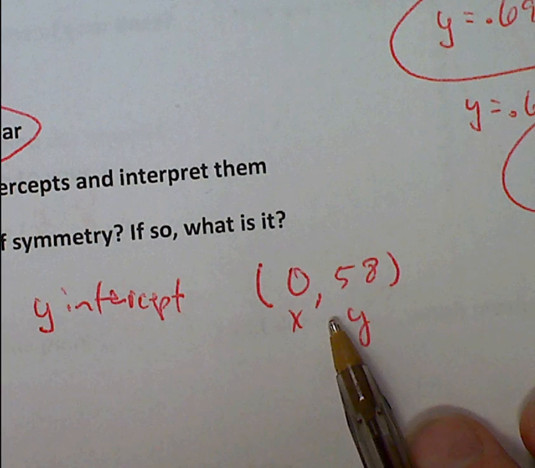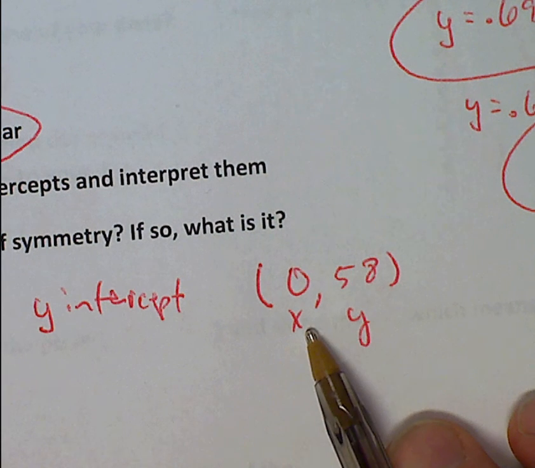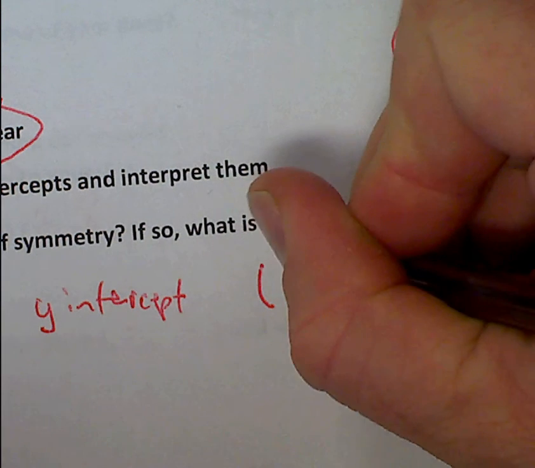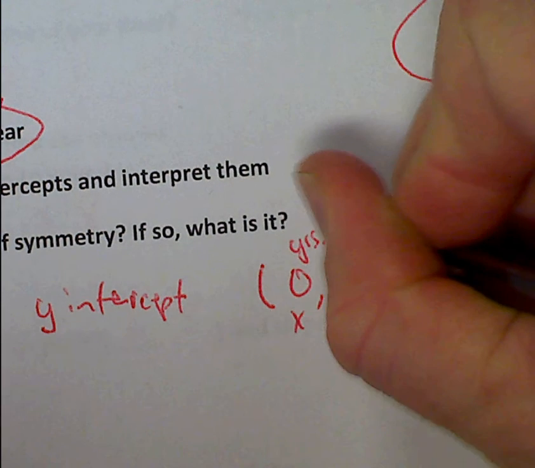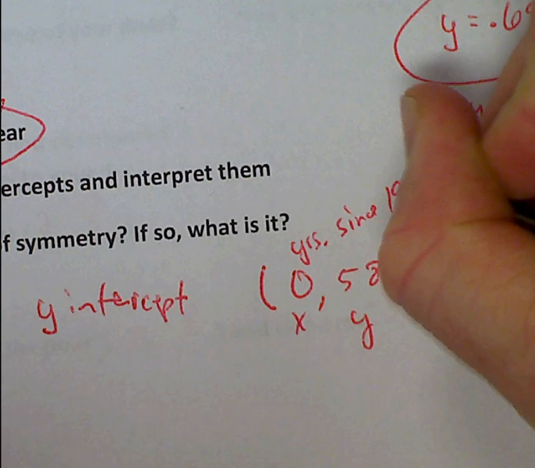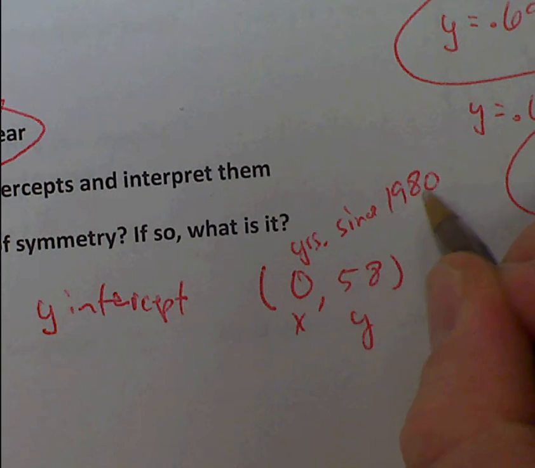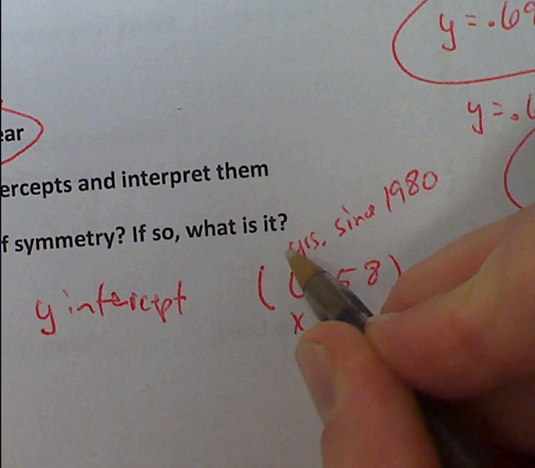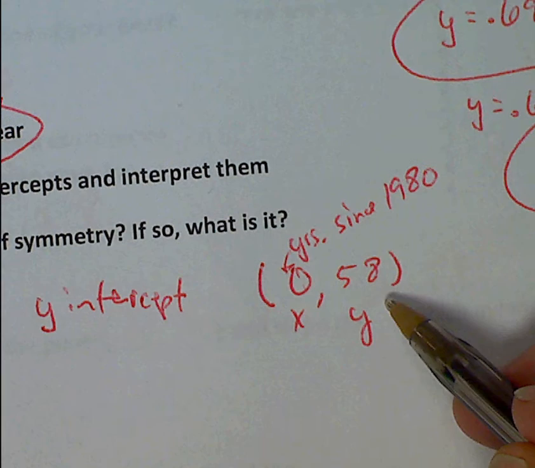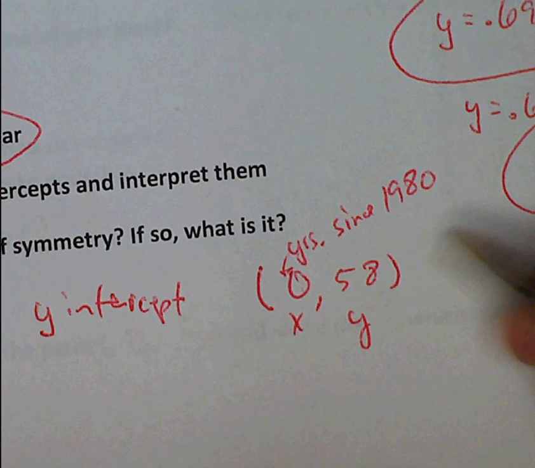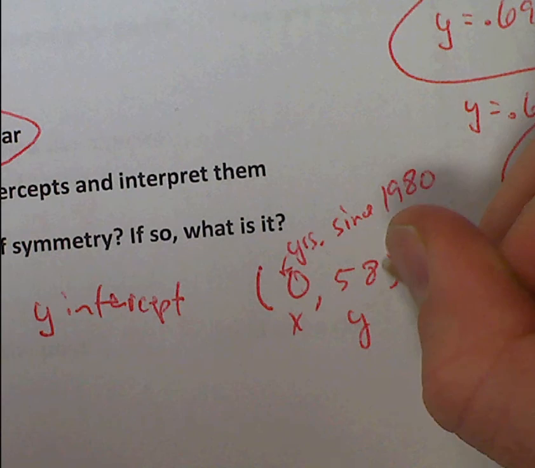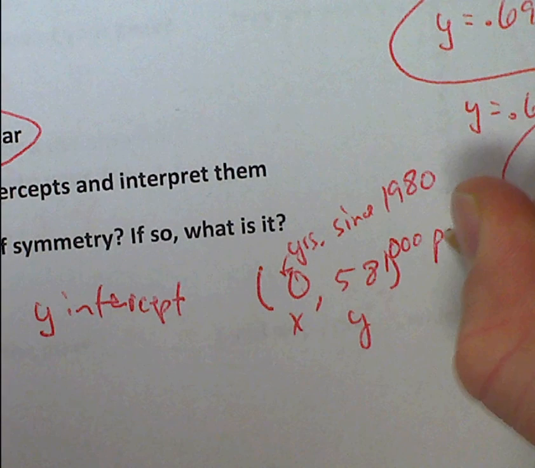If I were to interpret this, my x values stand for years since 1980. That means that we are talking about the year 1980 because it was 0 years. And then it says 58,000, so 58,000 parents.